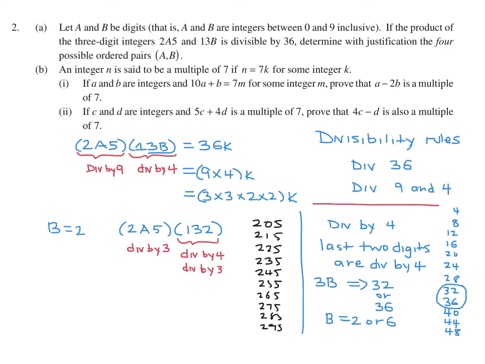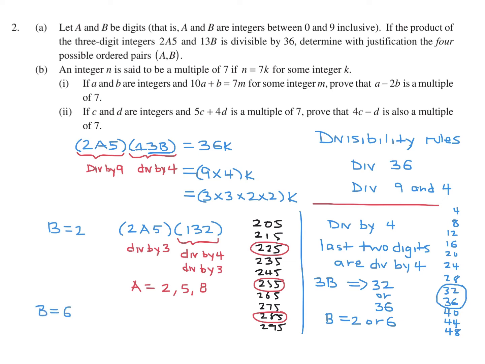Of these, which ones are divisible by 3? It's this one, this one, and this one. So that means a is equal to either 2, 5, or 8. Great. Now let's go back and look at b equals 6. We took care of b equals 2.